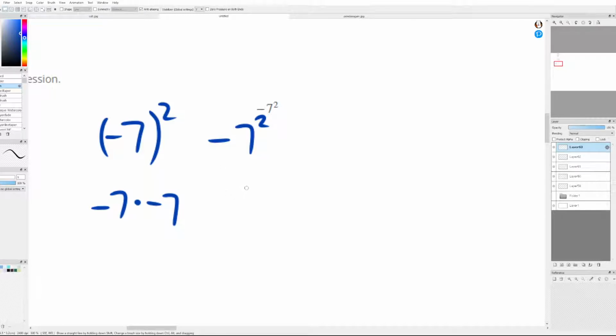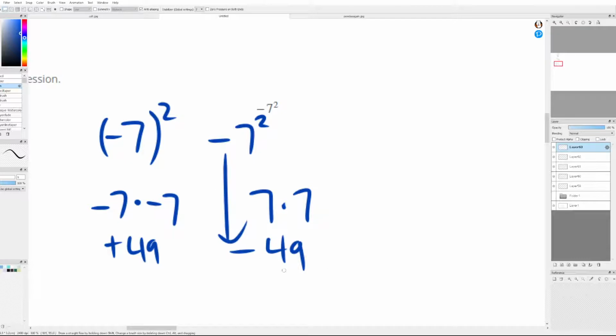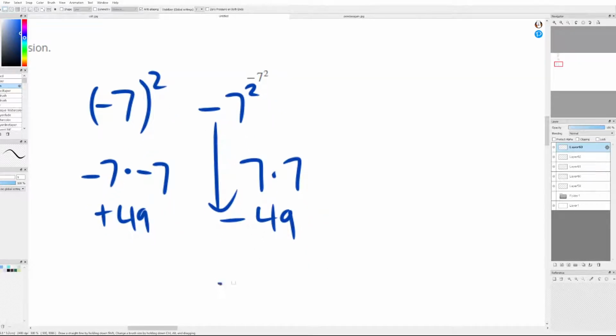And then for this one, we have negative 7 squared, but it's going to be 7 squared. This negative sign comes afterwards. So it's going to be 7 times 7, which, both of these are going to give you 49. However, this one is going to be positive, and this one is going to be negative because the negative sign will drop down. So our answer is going to be negative 49 in this case.